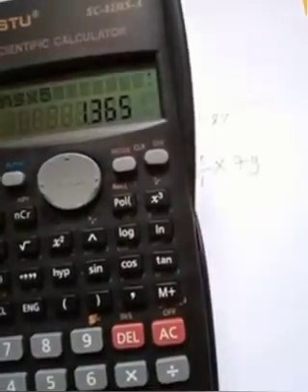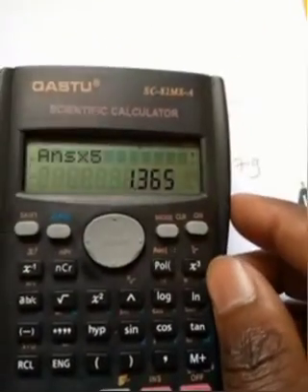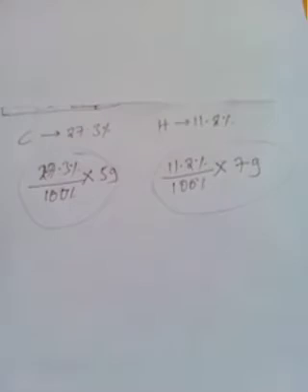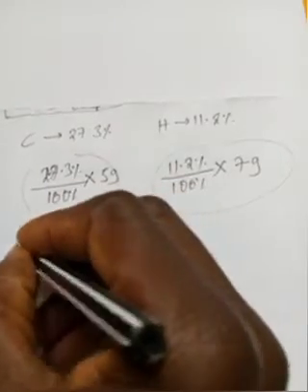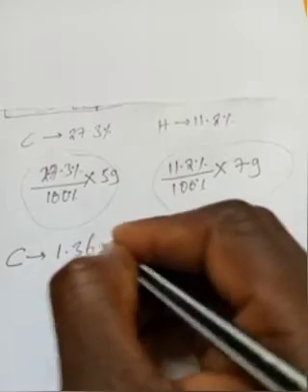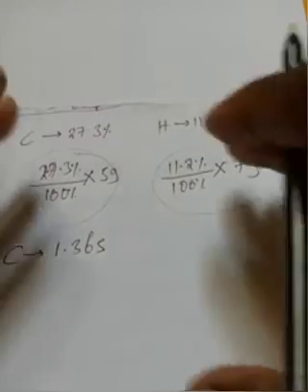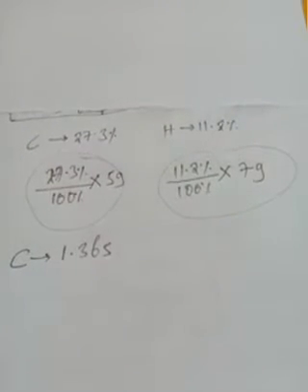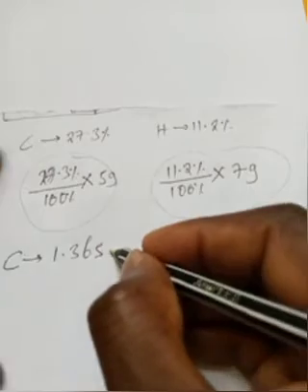What answer are we going to get? Automatically, we are getting the mass of carbon as 1.365. By the way, in chemistry, it's better you leave your answers to at least 3 decimal places. So the mass of carbon is 1.365. I'm giving you this as a simple illustration that we are going to use when it comes to calculating the example.